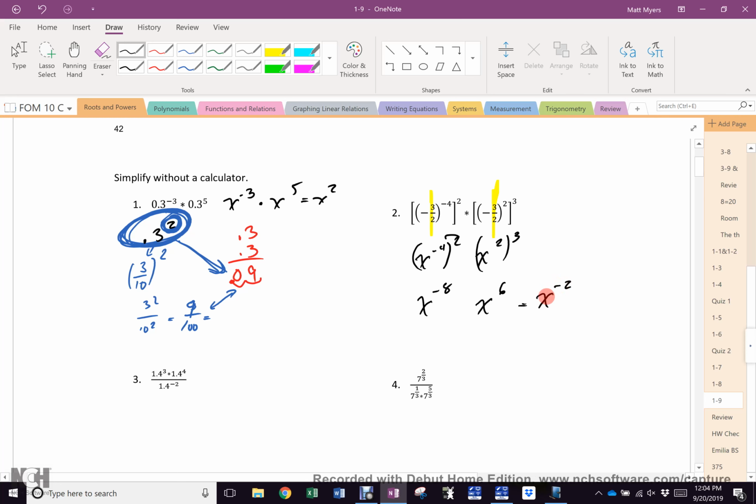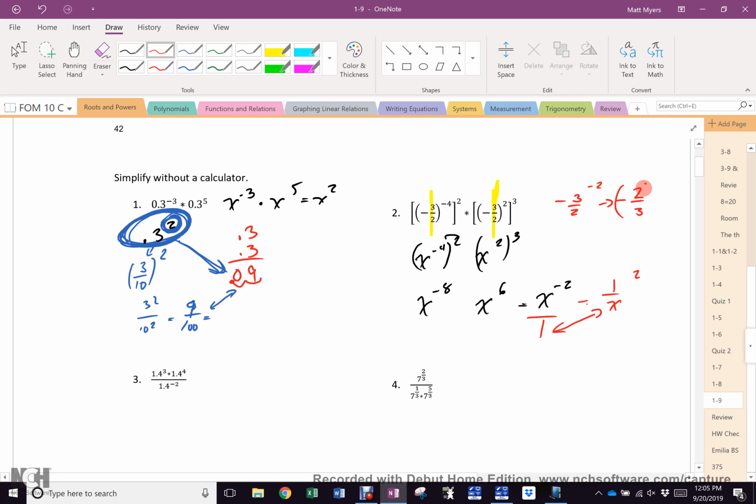Because what does a negative do to this x, which is really x over 1? It flips it so it becomes 1 over x to the positive 2, right? So since it flipped this fraction, what's it going to do to this fraction? Flip it. So it was negative 3 over 2 to the negative 2. What does it become? 2 over 3. Does this negative stay there?